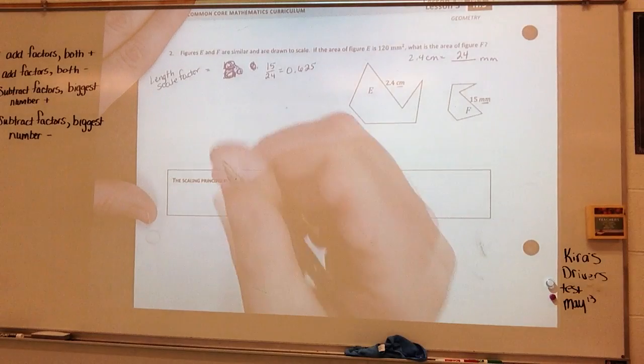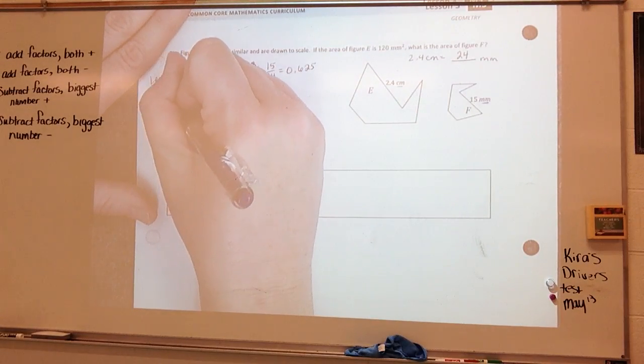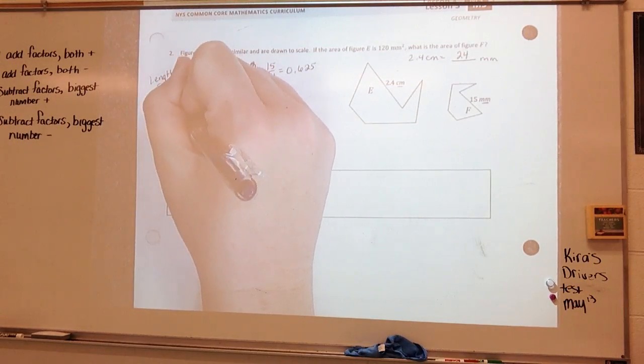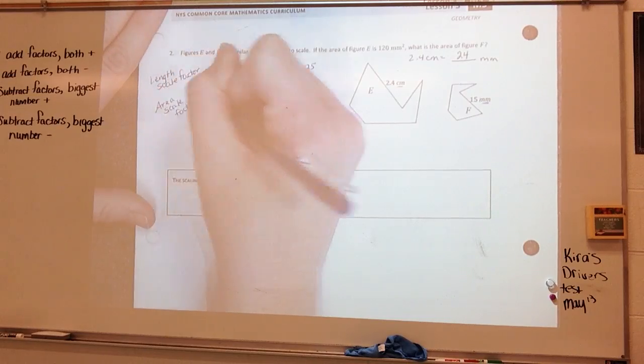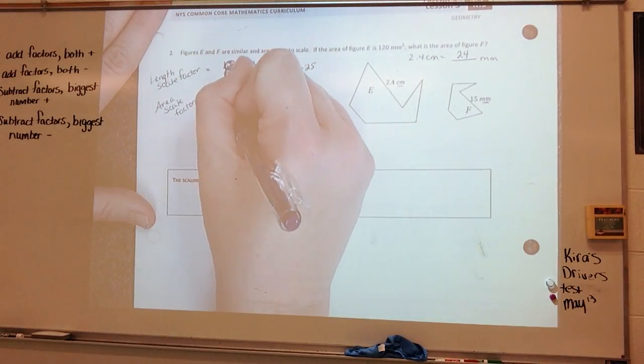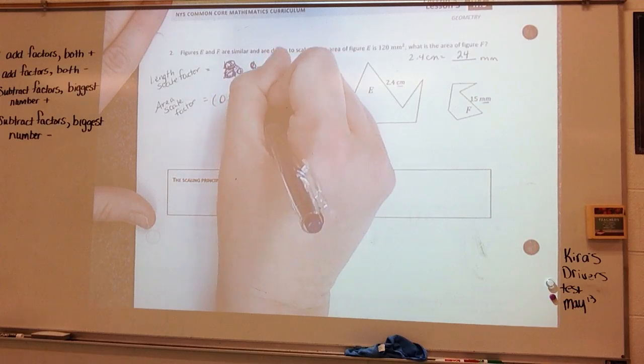So my area scale factor is 0.625 squared.